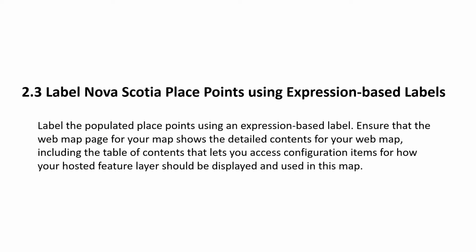In this section, we are going to label the populated place points using an expression-based label. Ensure that the web map page for a map shows the detailed contents for a web map, including the table of contents that lets you access configuration items for how your hosted feature layer should be displayed and used in this map.